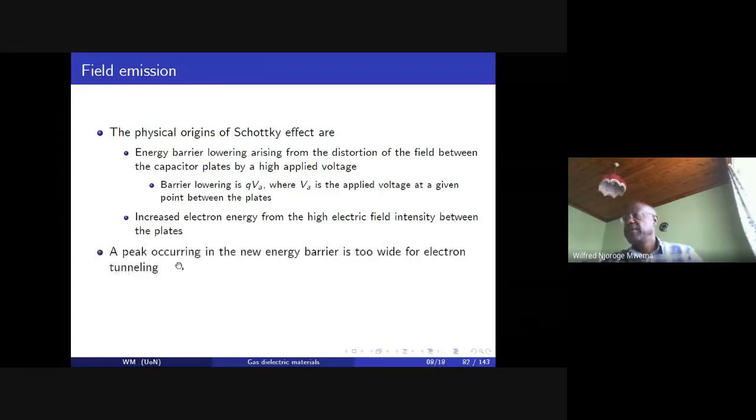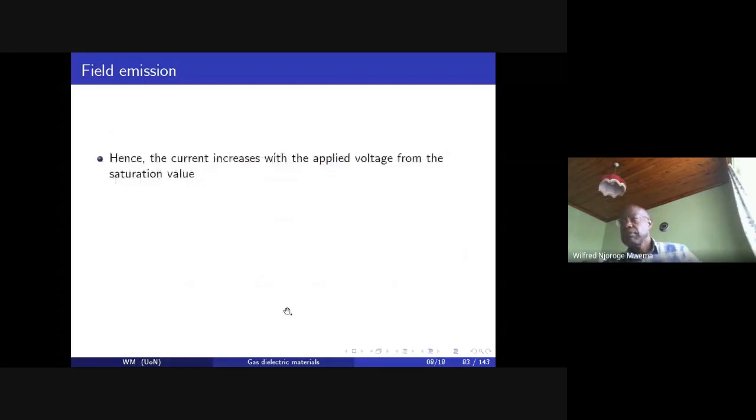So a peak will occur in the new energy barrier that is too wide for the electron tunneling, and the work function of the cathode material will then be lowered as a consequence. Hence, the current increases with the applied voltage from the saturation value, and that's what we are talking about, the secondary effects.